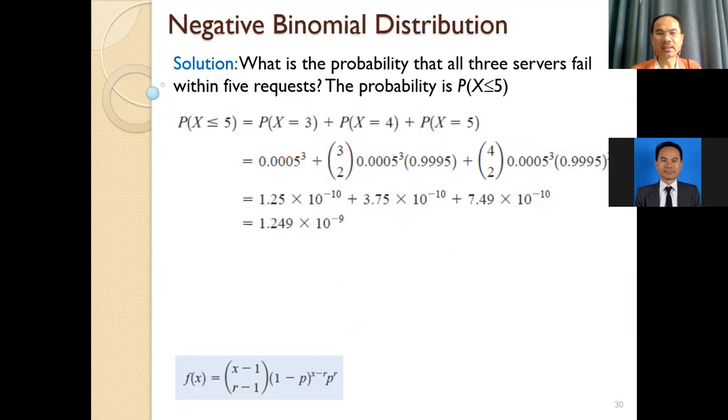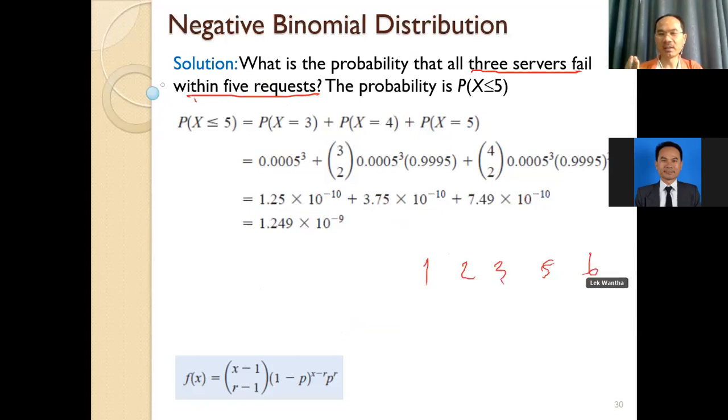For this case, the question is, what is the probability that all 3 servers fail within 5 requests? That means the probability that X is less than or equal to 5, that is within 5: 1, 2, 3, 4, 5.